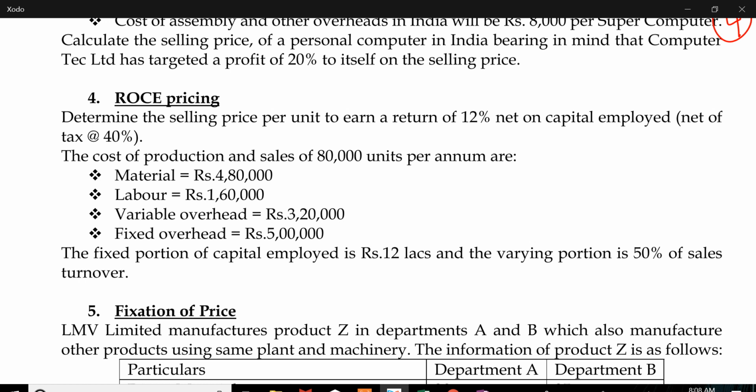Now write point number 1. The company needs a post-tax ROCE of 12%. Full stop. The tax rate is 40%.